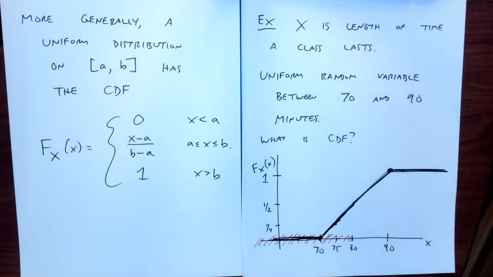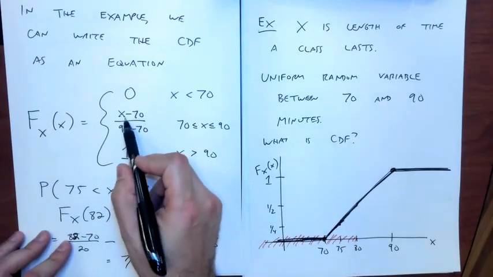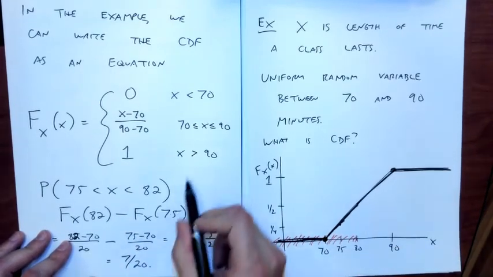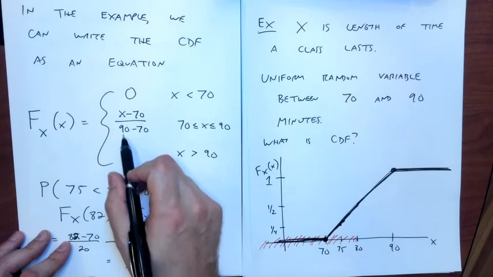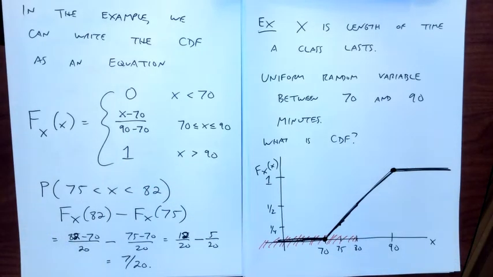And so if you're not sure, you should always be able to convince yourself by plugging in 70 for x, I can see that I get 70 minus 70 is 0. So I know that these two pieces line up. And 90 minus 70 over 90 minus 70 is 1, so these two pieces line up, right? So every CDF that you see or that you compute should basically hook up together at these joining points, okay?